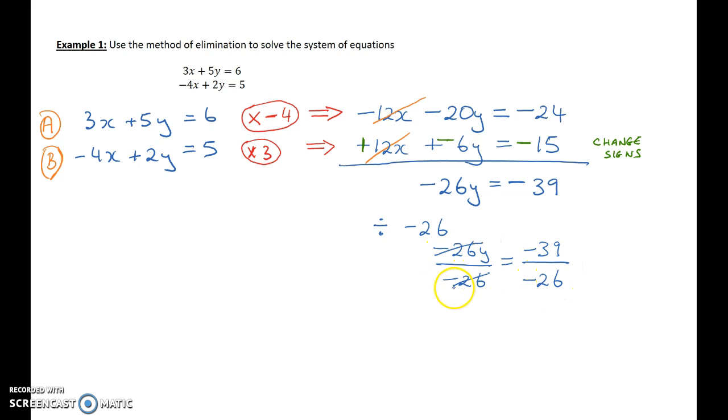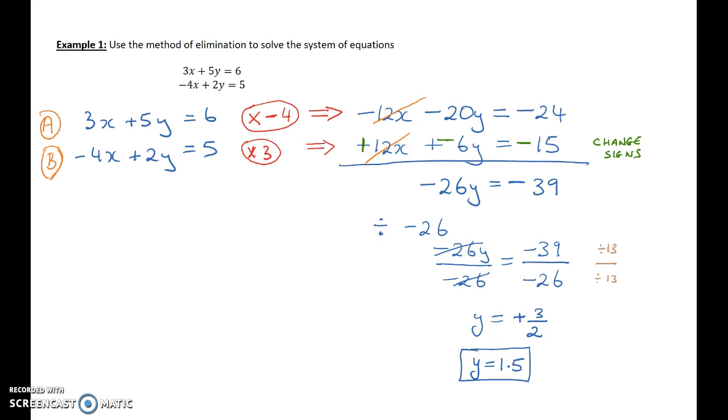So y is equal to 39 over 26, since a minus over a minus is a plus. We can reduce that; both can be divided by 13, giving 3 over 2, or if you prefer, 1.5.